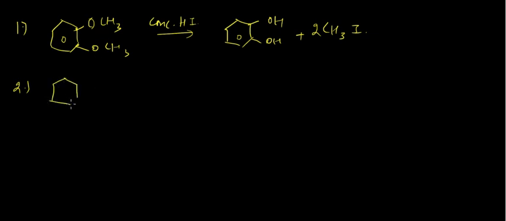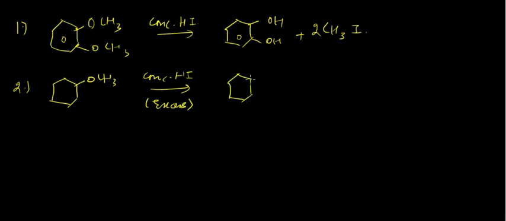What about this? We are passing in concentrated HI and that too in excess. So what would happen is we would have I here and CH3I.